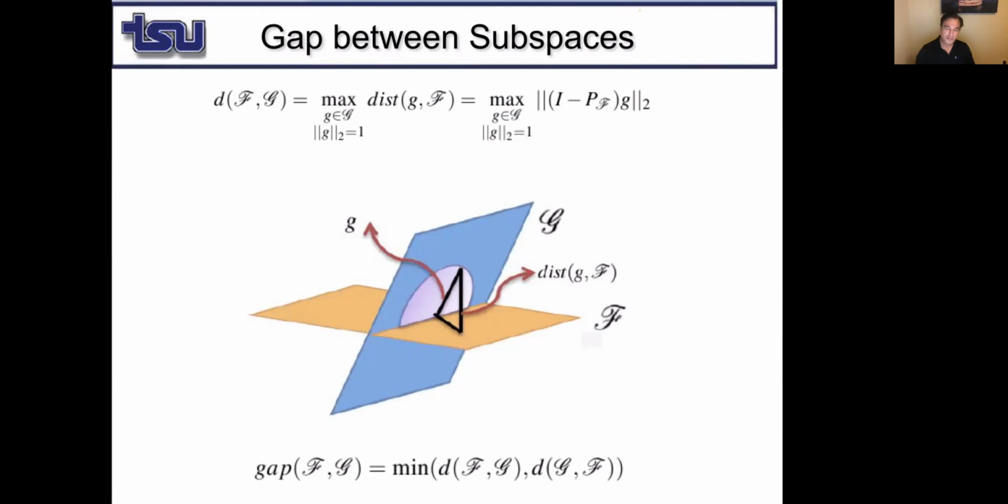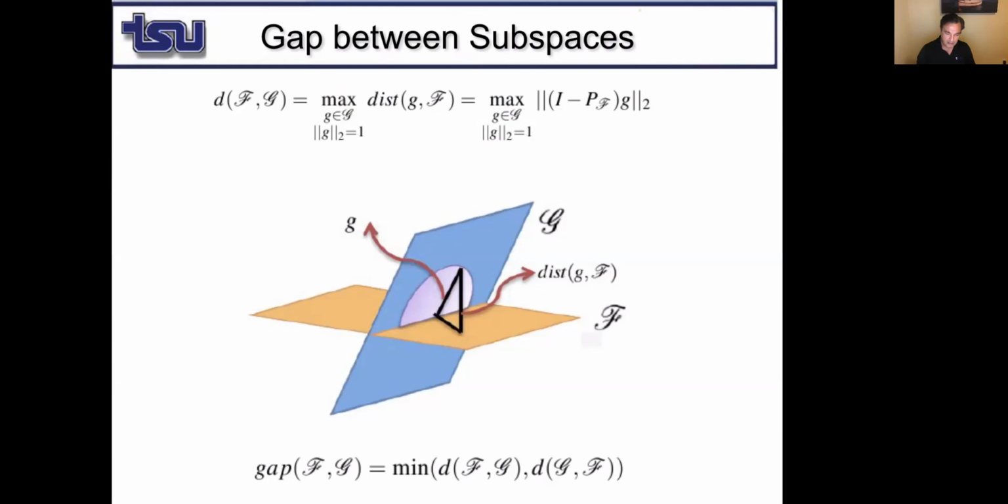2 norm, okay? And the distance between F and G is defined as, think about all the points and get their projection on F. Projection will be this, right? But I'm talking about this distance. This is the distance between a point on G and F. And think about all distances between all points on the unit ball and F and get the maximum of them.